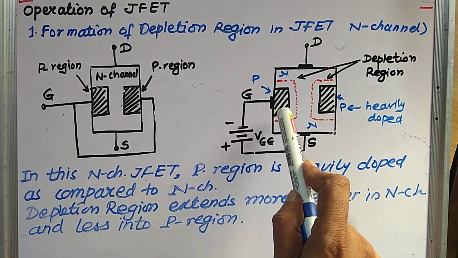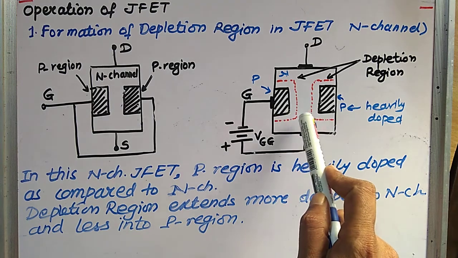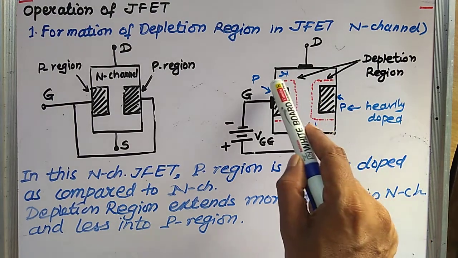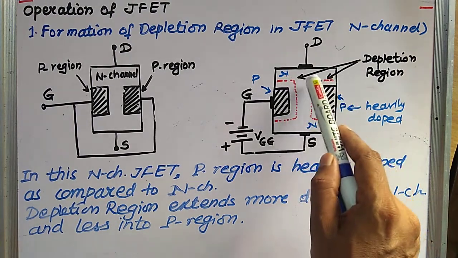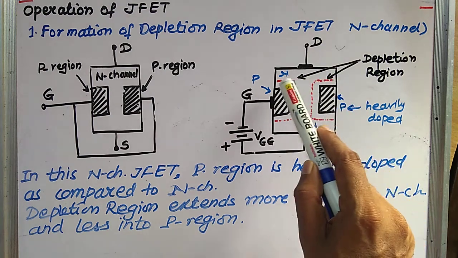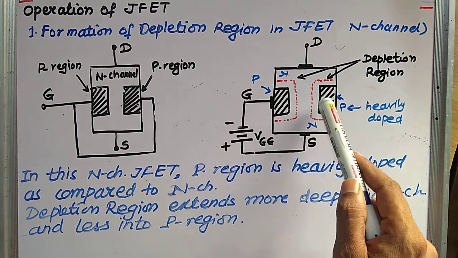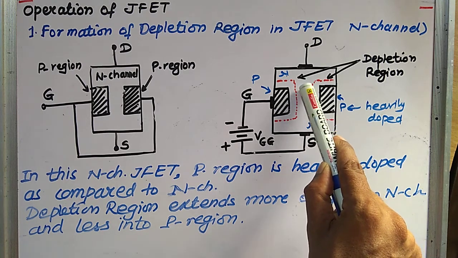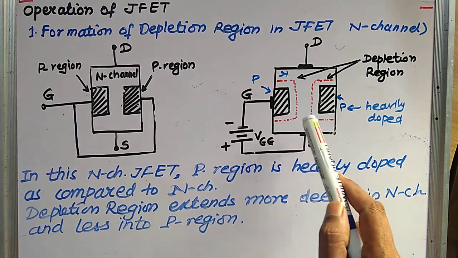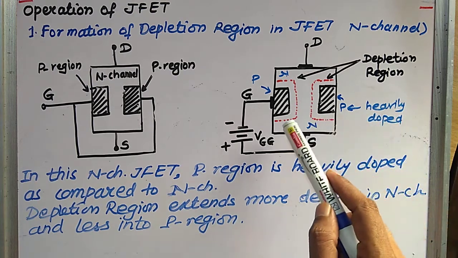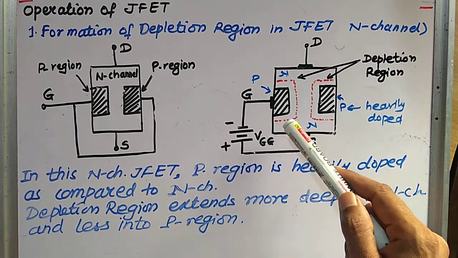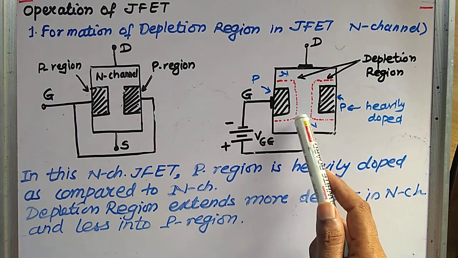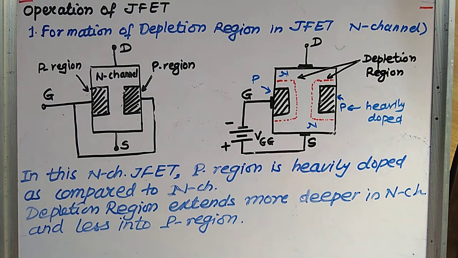Now this P-type is heavily doped as compared to this N-type material. So the depletion region, as you can see with the red dotted line, is extending more into this N-type semiconductor material as compared to the P-type. So the depletion region is extending more into the N channel as compared to the P region.